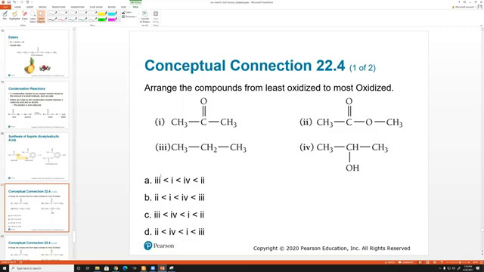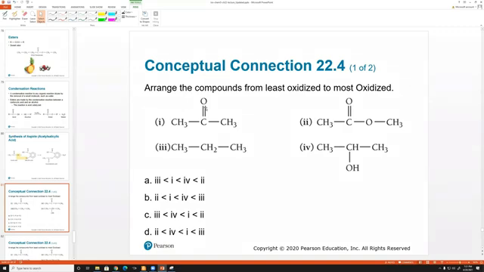Okay. If you look at 3, the least oxidized, which is the most reduced, with no oxygens at all, 3 is the winner. Then you're looking for one oxygen. You have a tie between 4 and 1. But we know that this double bond oxygen counts as two bonds to an oxygen.